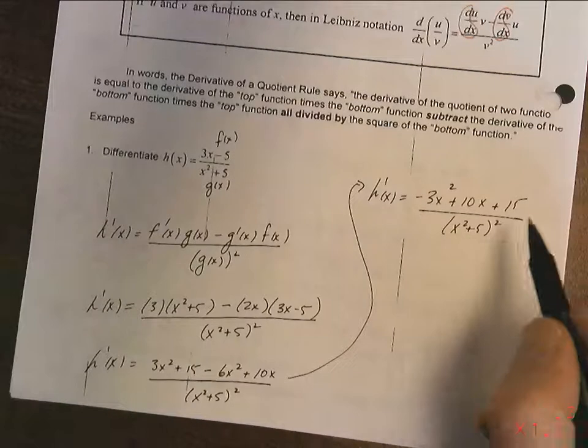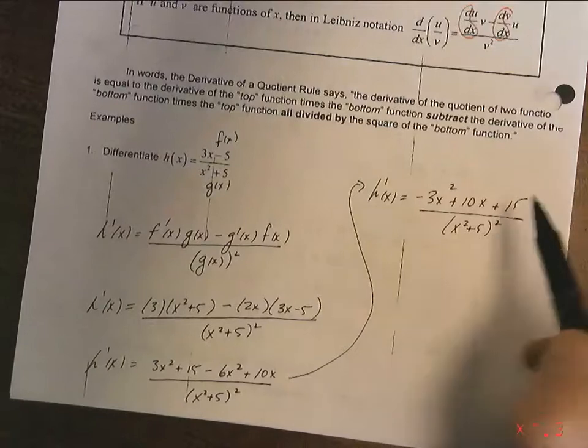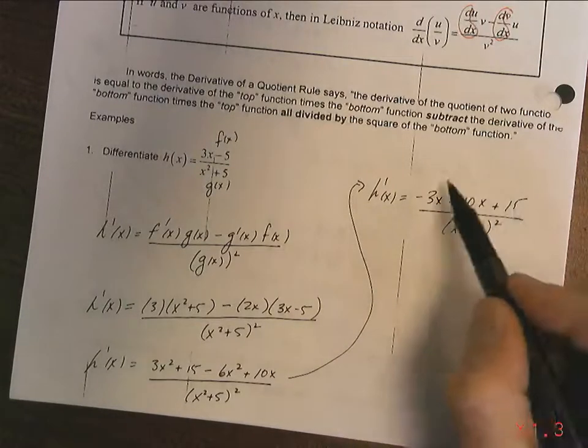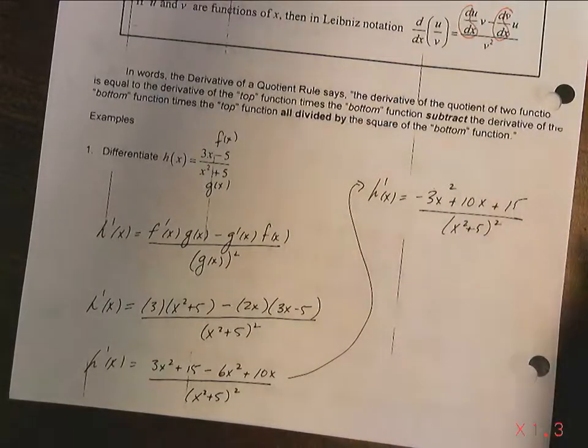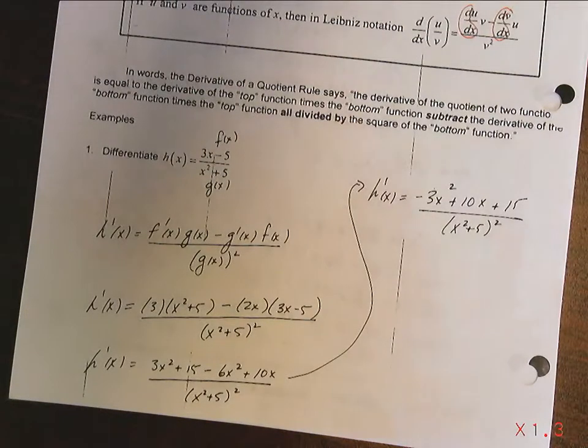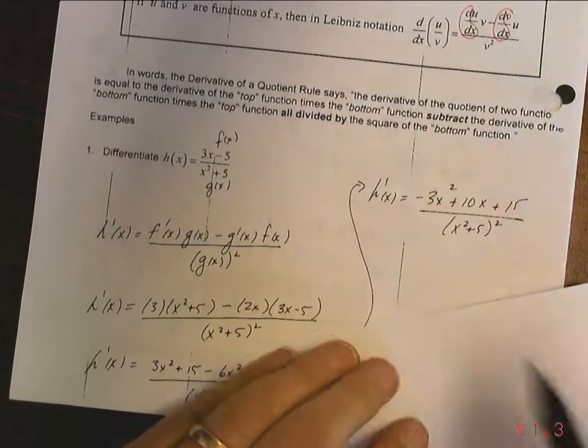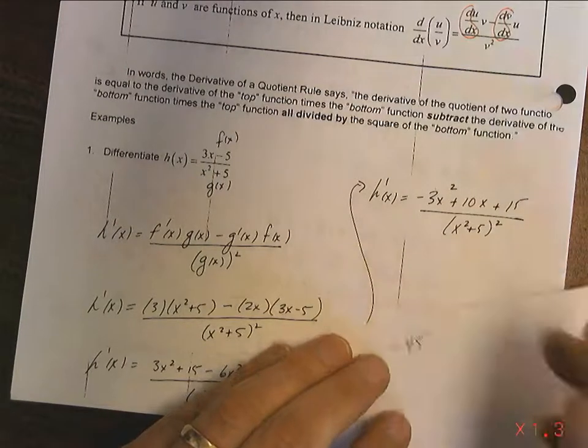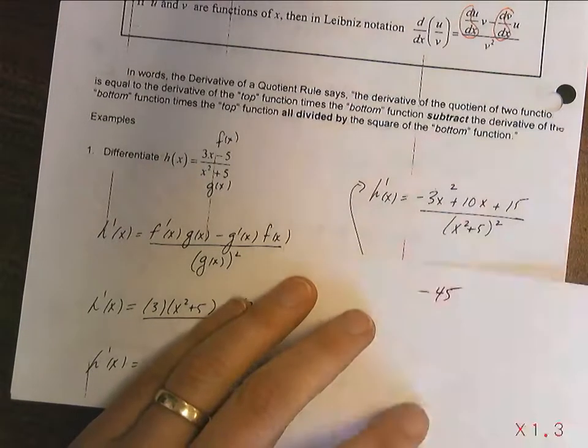Now again, we're not going to expand the bottom. If anything, we're going to try to factor the top. So we're looking for 2 numbers that multiply to give negative 3 times 15, which is negative 45. I grab a scrap piece of paper and say, okay, it's got to multiply to be negative 45 and add to give 10.